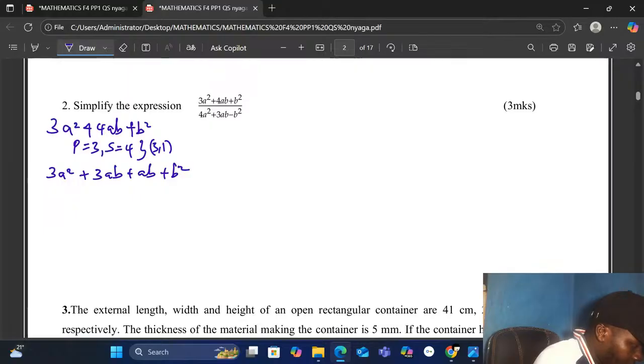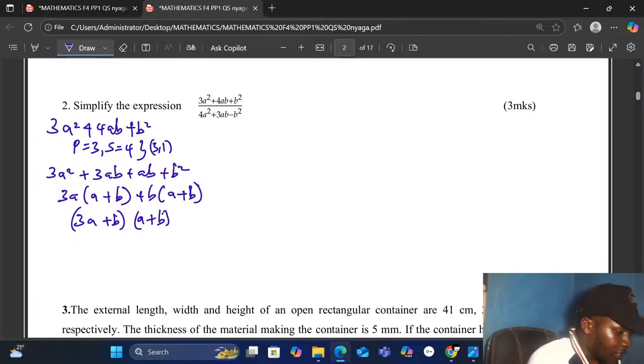We can simply factor out 3a so that we have 3a into a plus b, then we add b into a plus b. So we take 3a plus b, then a plus b. So that is the value of the numerator.